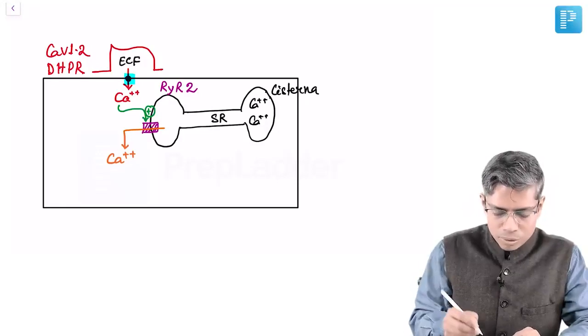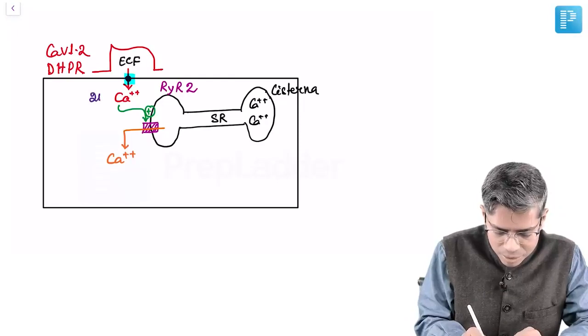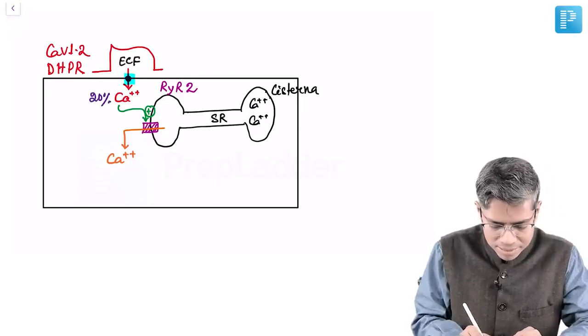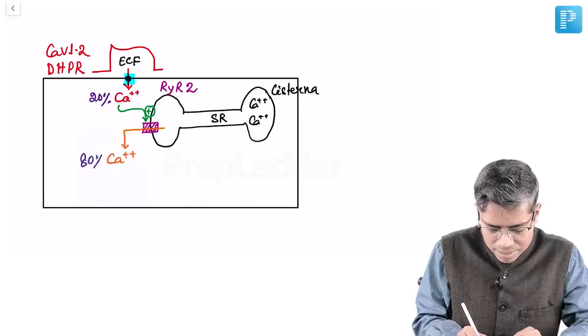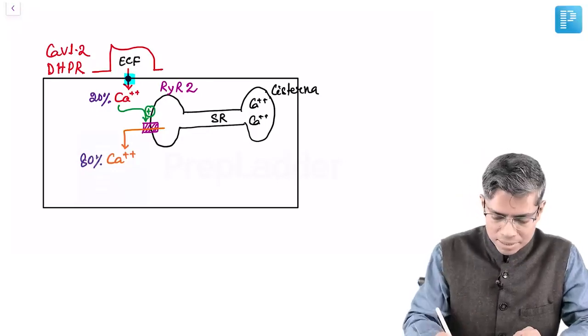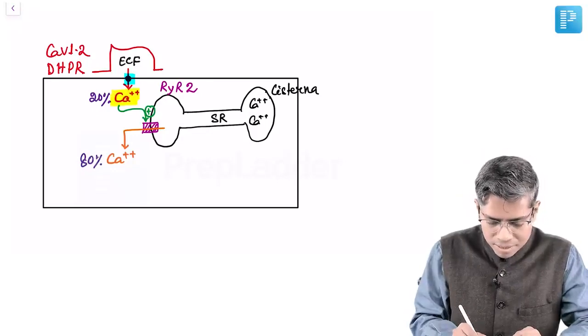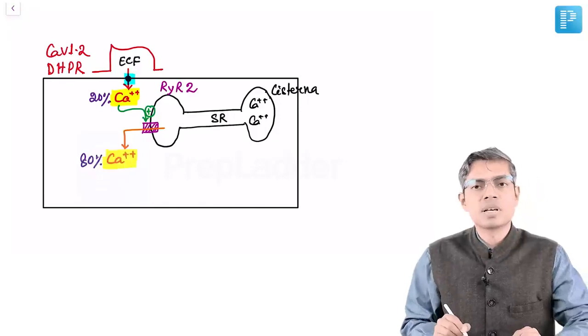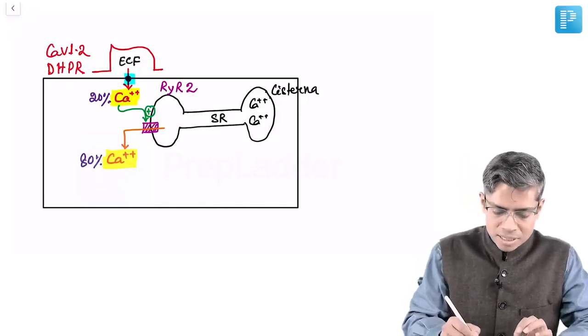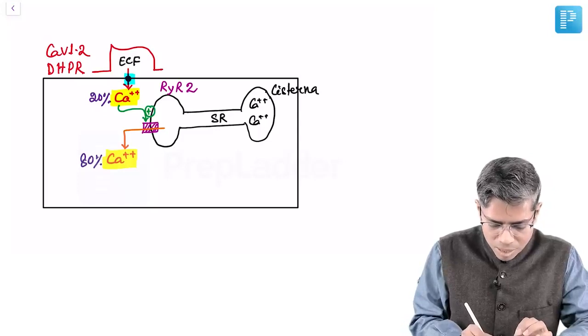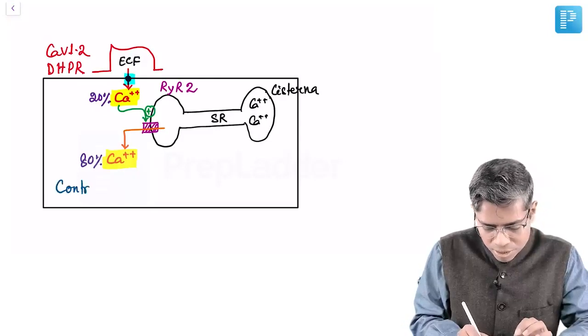If you look at the amount, the extracellular calcium is only 20% of the total calcium, and the sarcoplasmic calcium is 80% of the total calcium. So the combination of these two calcium is now going to cause contraction of the myocardium cell.